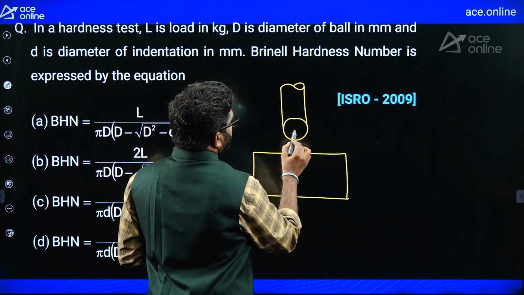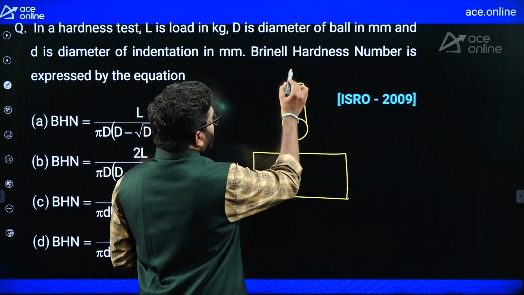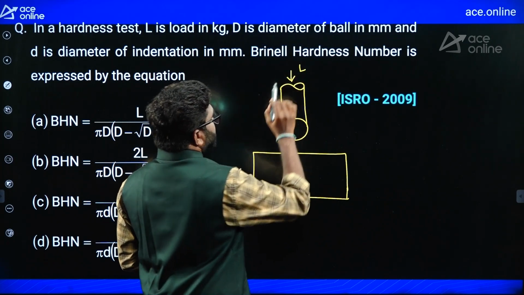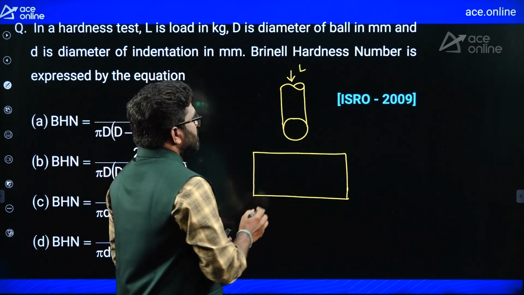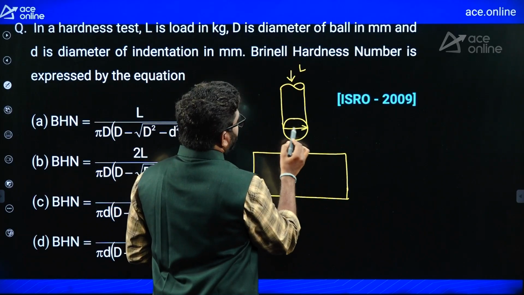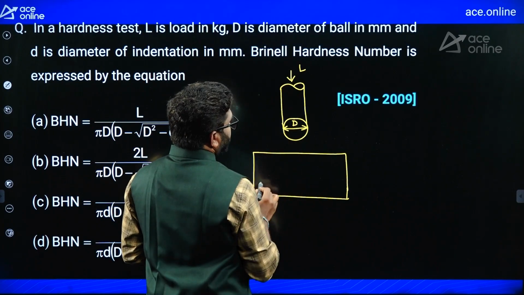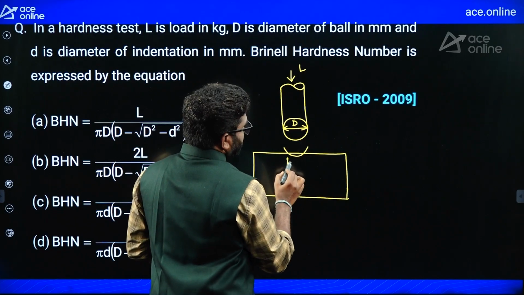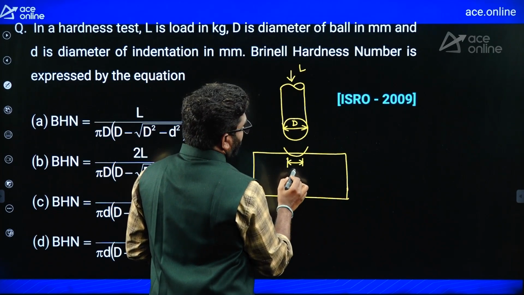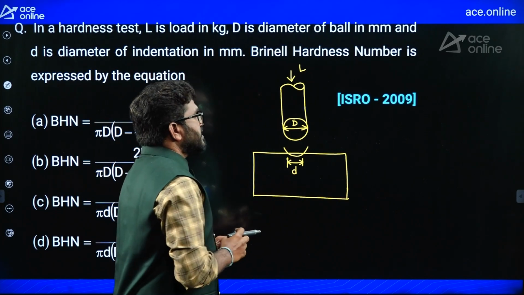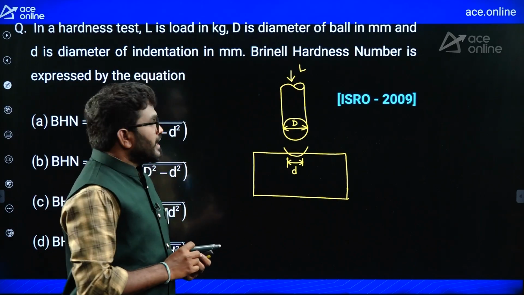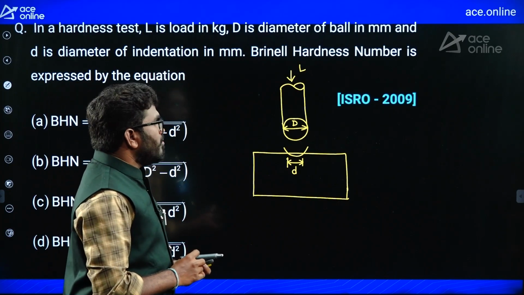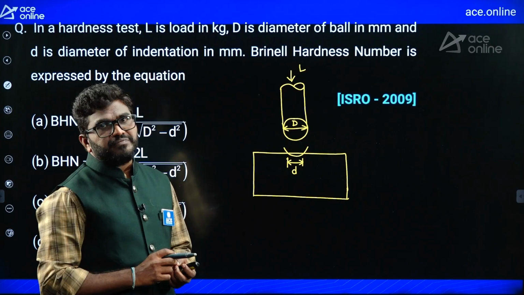This indenter tool has a diameter D. Now, if we apply a force, suppose L is the force applied, this is the diameter, capital D. Once you apply the force, it is going to penetrate like this. So, this will give you small d, the indentation diameter. Capital D is the indenter tool diameter, small d is the indentation diameter.